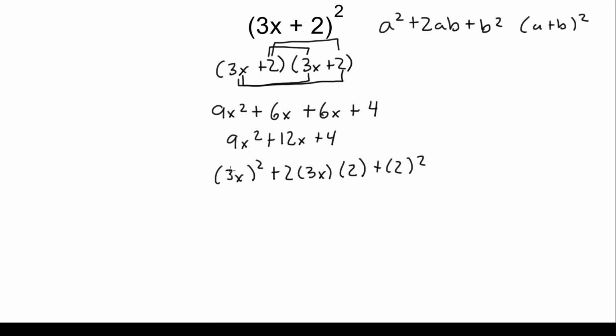Simplify this out. 3x times 3x is going to be 9x squared, plus 2 times 3 is 6 times 2 is 12, and then we have the x in there, so this would be 12x plus 2 squared is 4. So you can see that this and this are equal to each other. So no matter which way you would do it, you would come across the right answer. I hope this helps you in being able to expand out your quadratic equations.